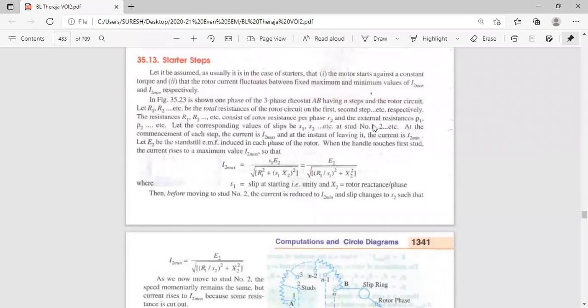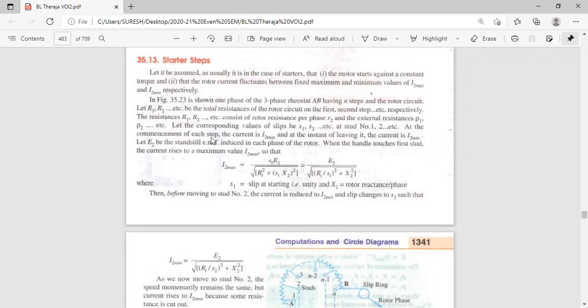Now, one point you remember, and you can note this, it is very important. At the commencement of each step, the current is I2 max. And at the instant of leaving, the current is I2 minimum. What is the meaning of this?